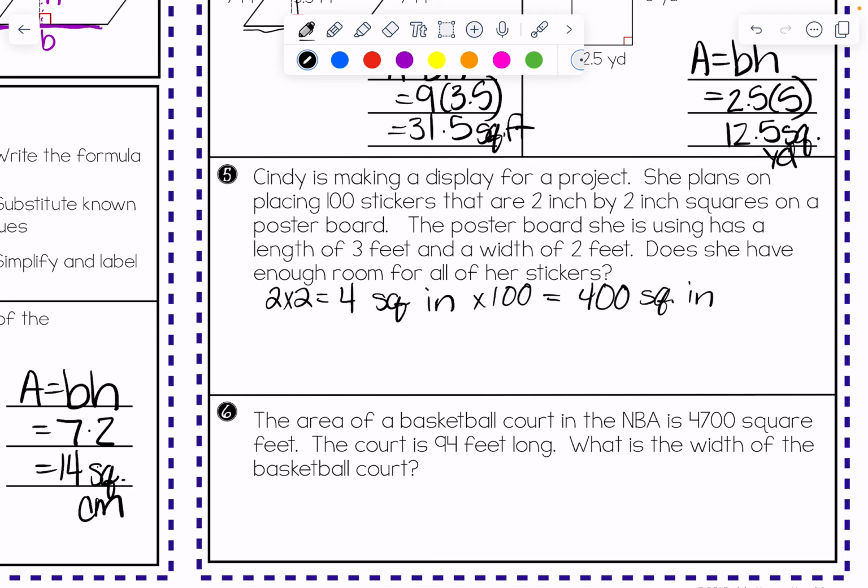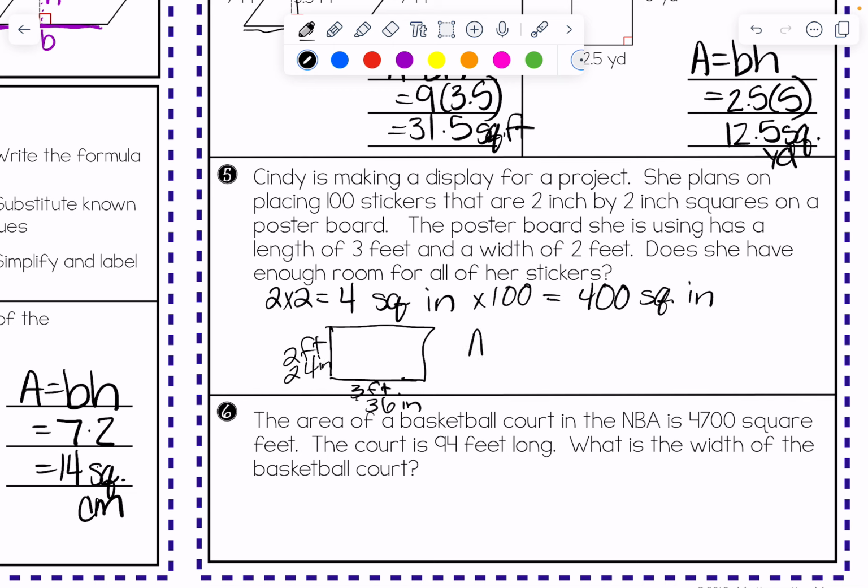So her poster board has a length of 3 feet and a width of 2 feet. And so here we want to convert our feet to inches. So 3 feet would be 36 inches. There's 12 inches in a foot. 2 feet is going to be 24 inches.